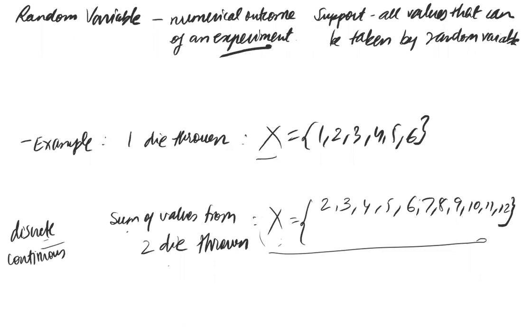If there is a dart board, X would be the outcome of you throwing the dart on the board and getting that value. It goes from 0 to 1, and there are uncountable values here, and you cannot really identify the total number of values possible. So that will be uncountably infinite, and that is a kind of continuous random variable.